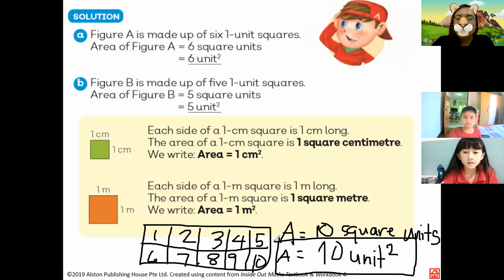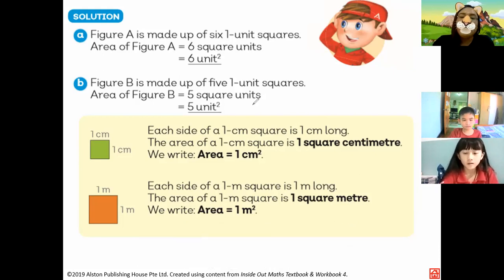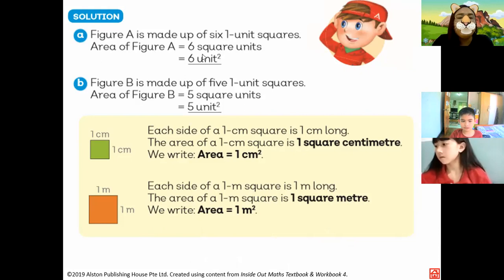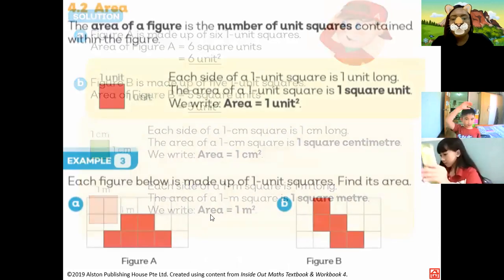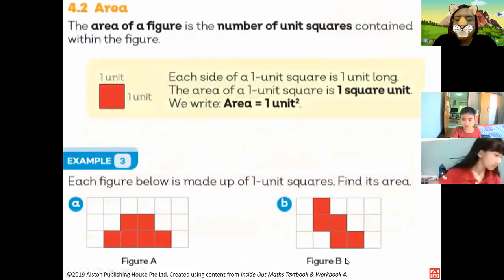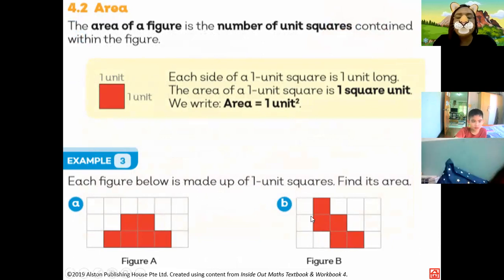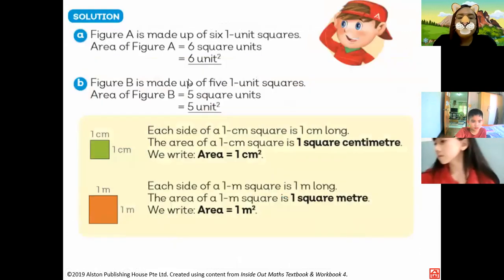Yes. Okay, very good. Now let's proceed to example letter B. This is the solution for letter B. In letter B, class, figure B is made up of 5 1 unit squares.